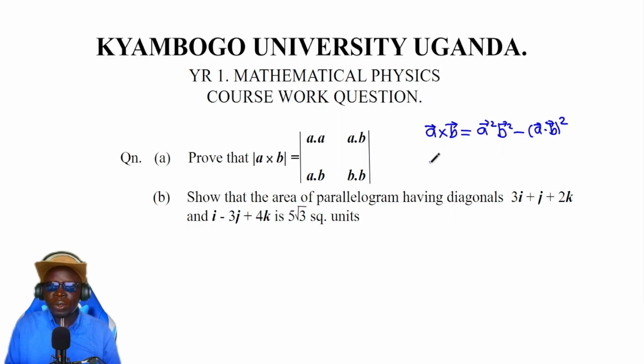The second option would be our A cross B vector, and we put in our magnitudes there. When we're using that, we shall have something like the magnitude of A vector squared, and we put the magnitude of this vector squared. Make sure the square is outside the magnitude here, minus A dot B, which is a scalar, and we have that also squared.